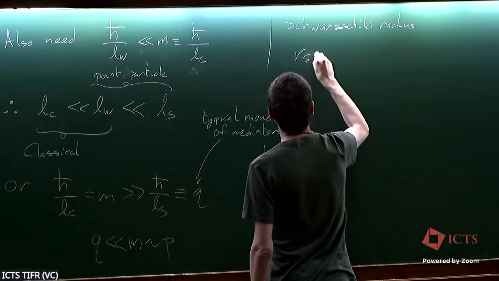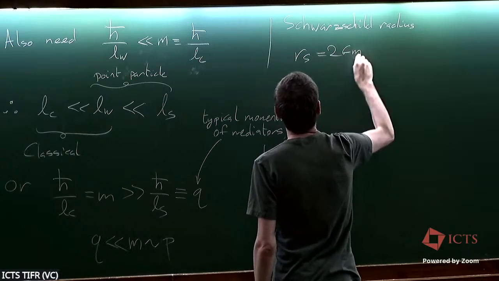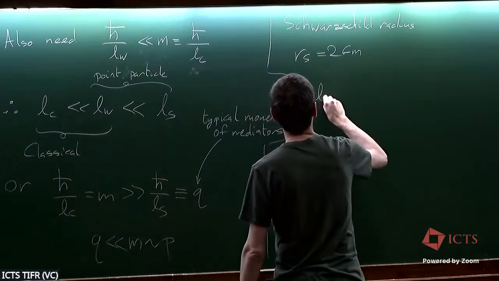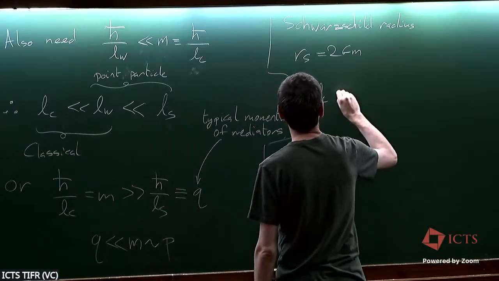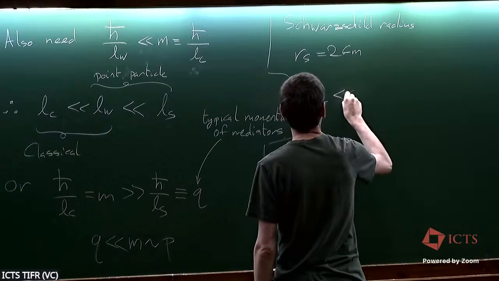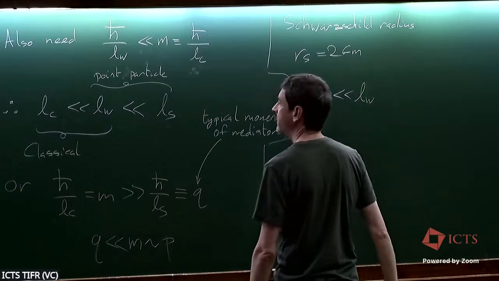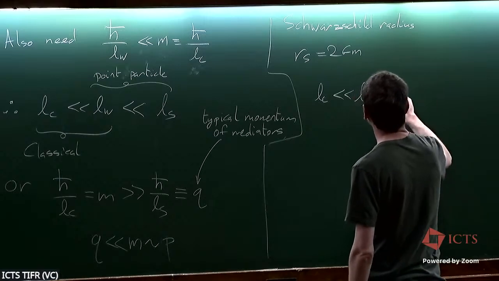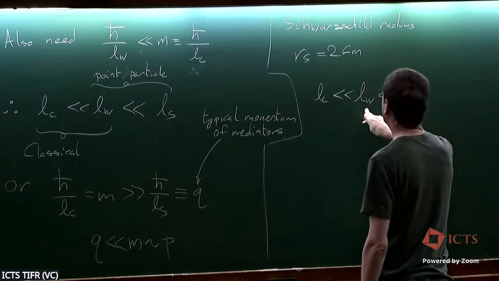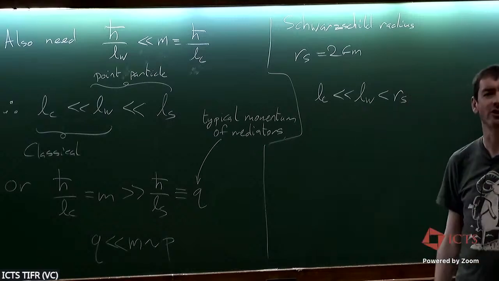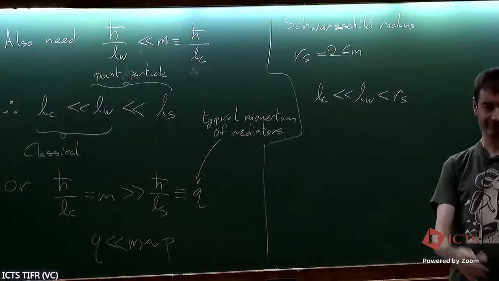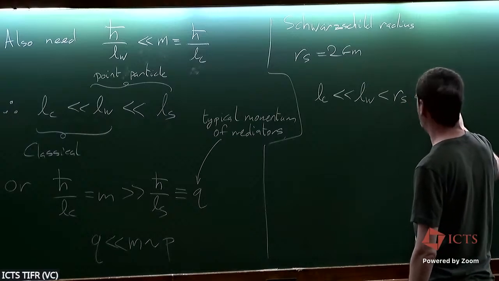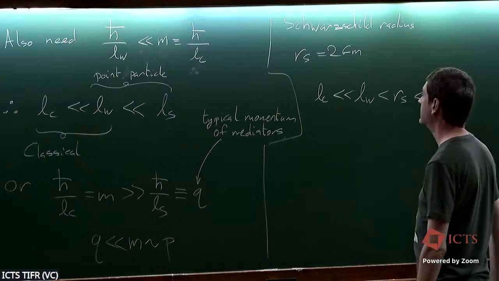If we want to include that in these inequalities, well, then the Compton wavelength should certainly be smaller than the Schwarzschild radius. We need this Compton wavelength very small compared to the size of the wave packet. To my mind, it's good if the Schwarzschild radius is larger than the wave packet of the object you're talking about, and this should be very small compared to L_S.